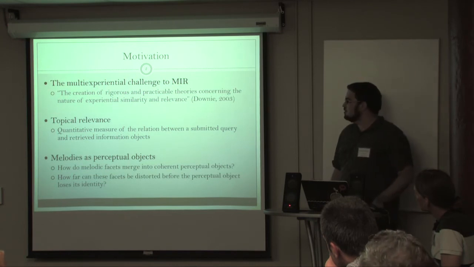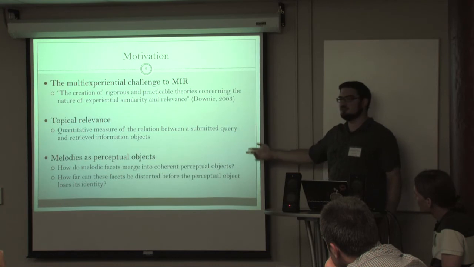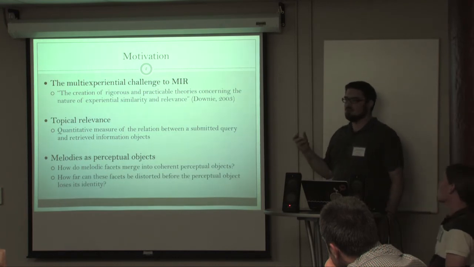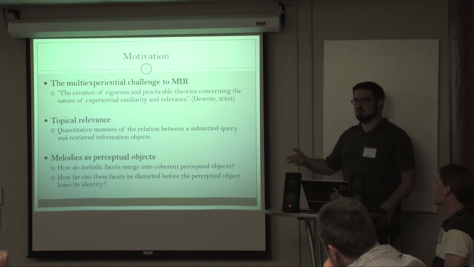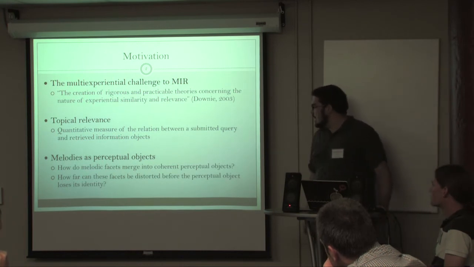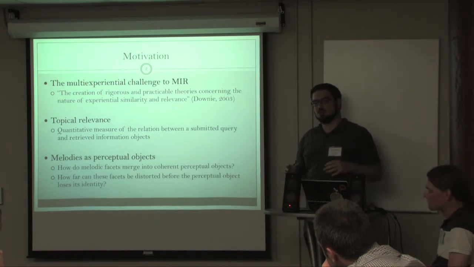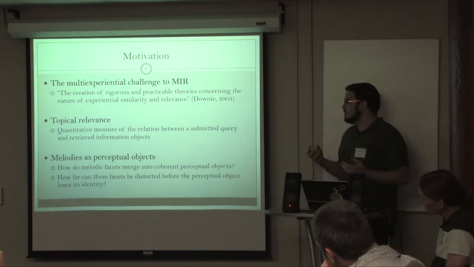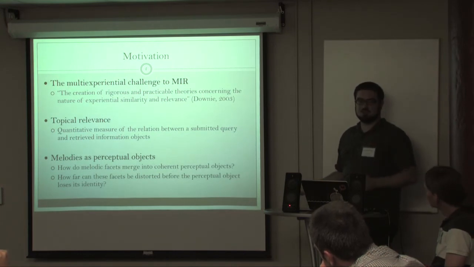In particular, I'm interested in this notion of topical relevance, which is a measure of how well a returned information object maps to the query that used it. In doing this, we're looking at melodies as perceptual information objects, made up of different facets, such as, for example, pitch and rhythm.